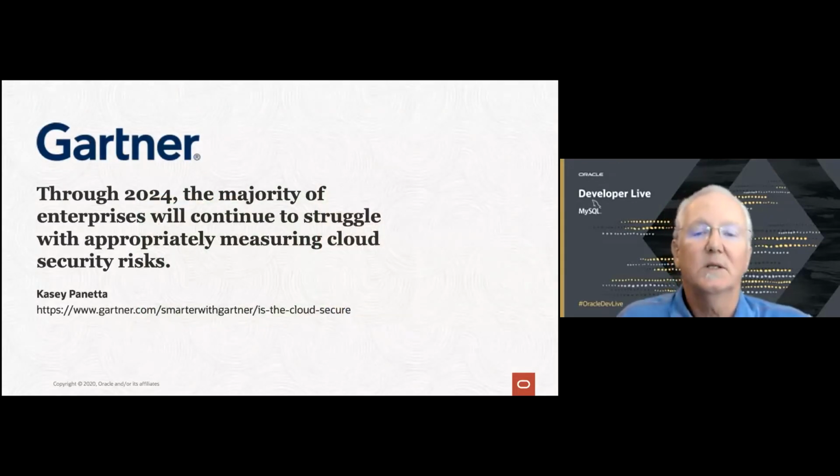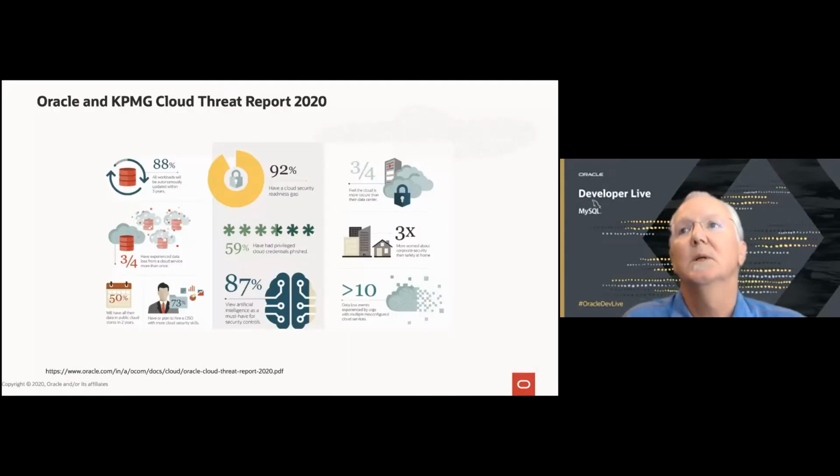Just a note, and I won't spend much time on a couple of these slides, but enterprises are struggling with cloud security, and we don't want enterprises to struggle; we want things to be simple. They're struggling because there are a lot of things to worry about. There is just so much going on, so DevSecOps is very, very important.